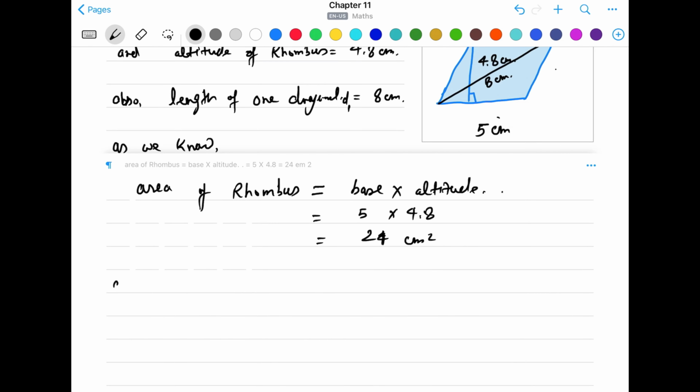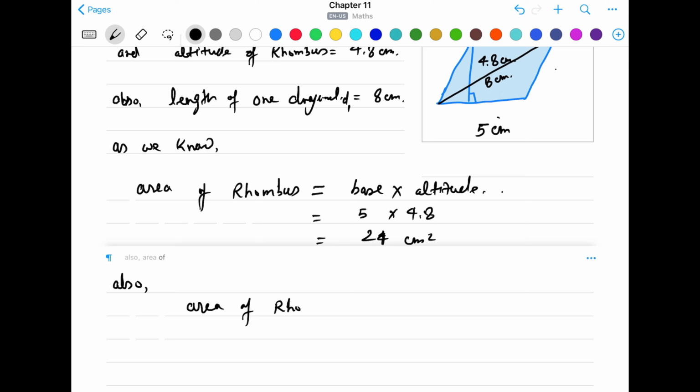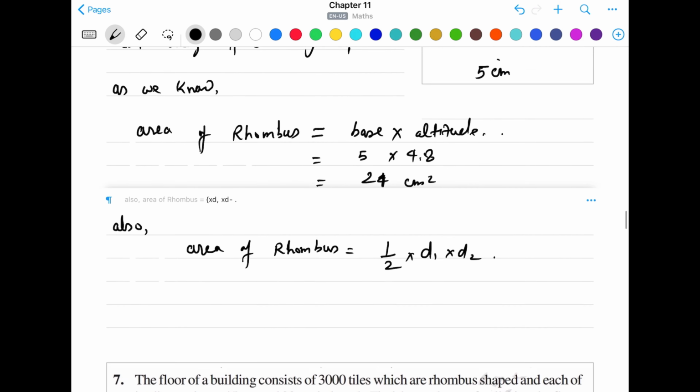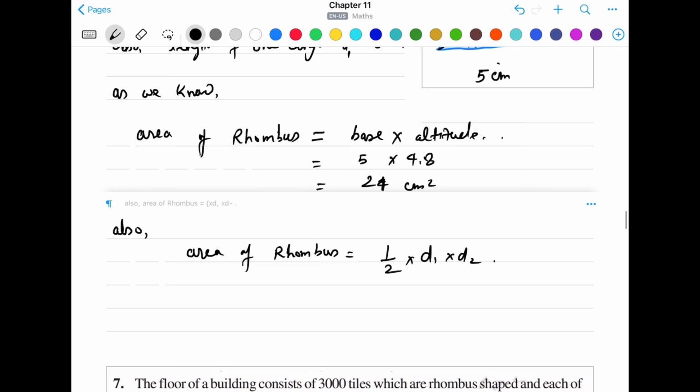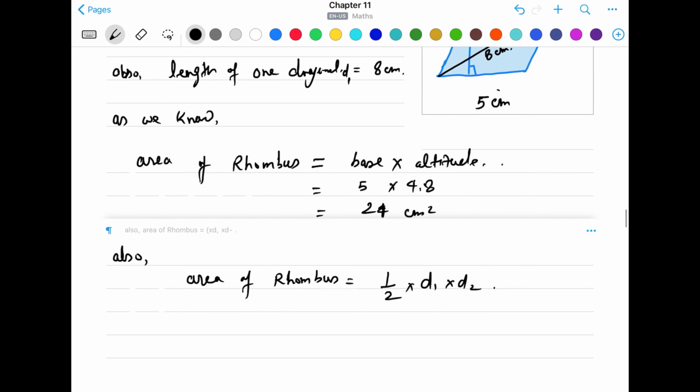Okay, and we also know area of rhombus is given by the formula half into d1 into d2. Okay, that is the multiplication of the two diagonals. So area of rhombus we have calculated here, which is 24.